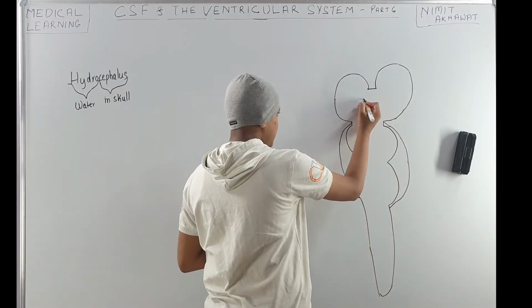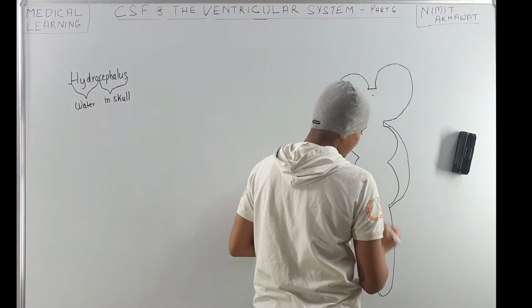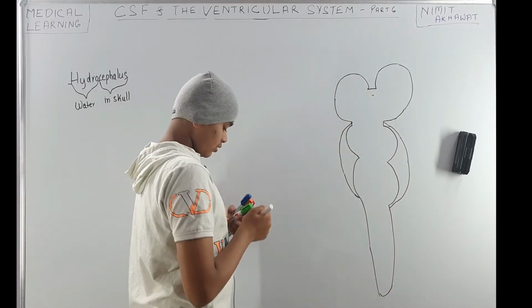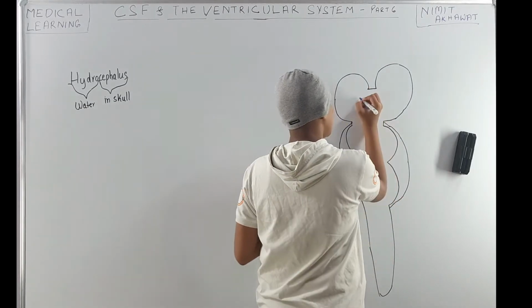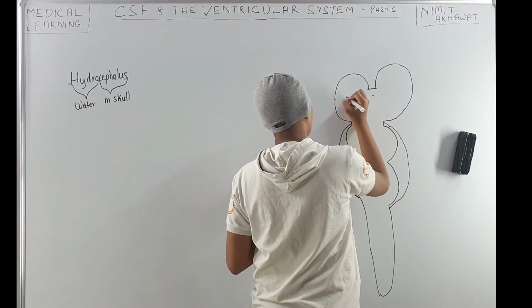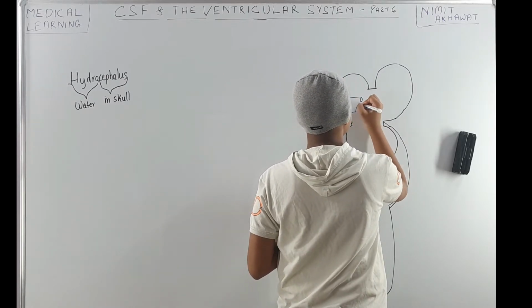So here is the cerebrum, midbrain, cerebellum, pons, medulla oblongata and spinal cord. The first ventricle, or the first structure which produces cerebrospinal fluid, is the lateral ventricle present in the cerebrum.